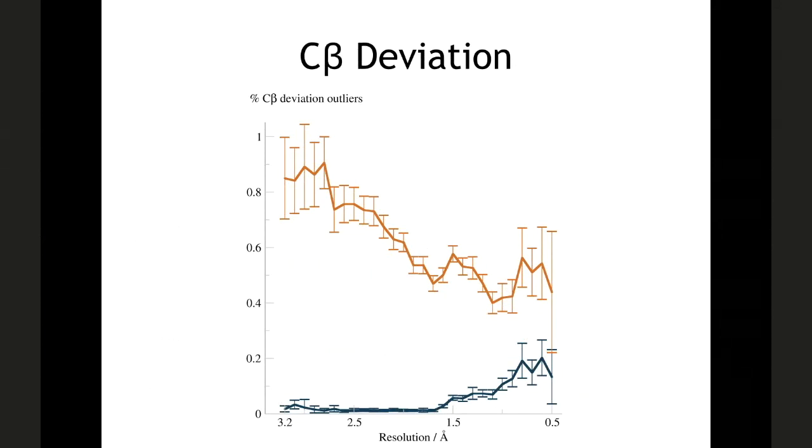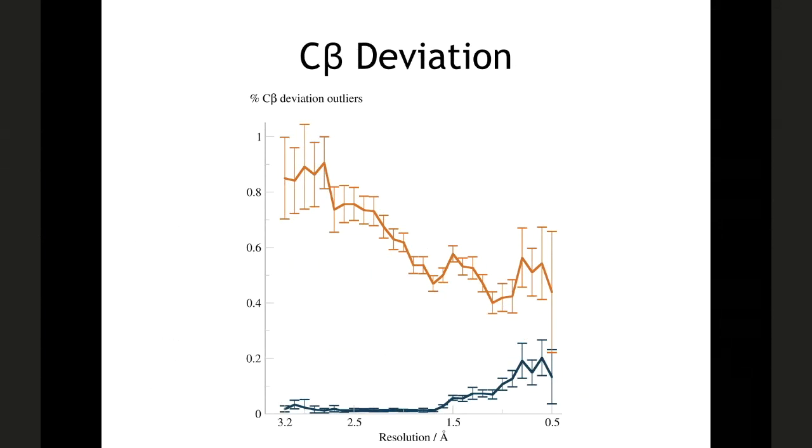And you can see that a standard refinement using the CDL and Engh and Huber, it's almost 0 at resolutions worse than 2 for sure.